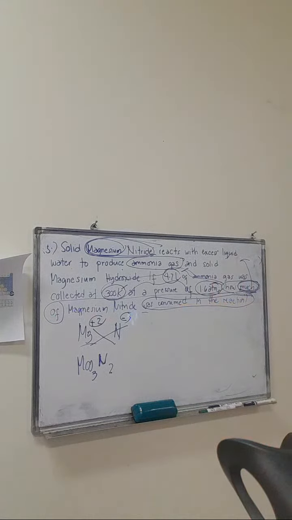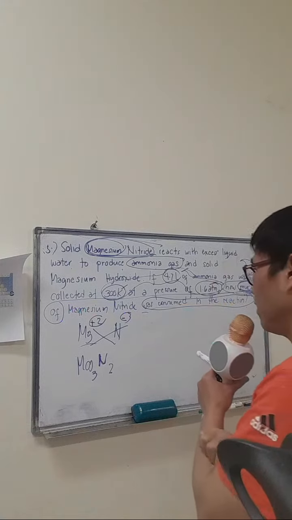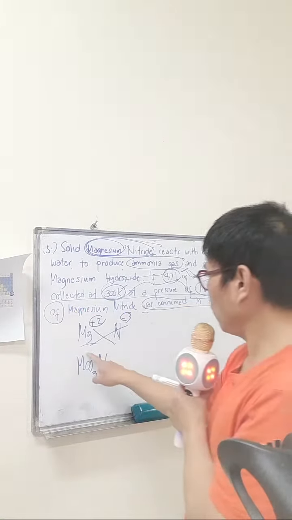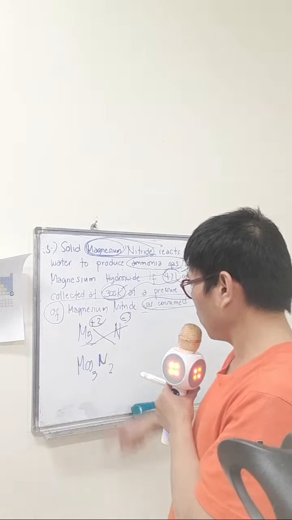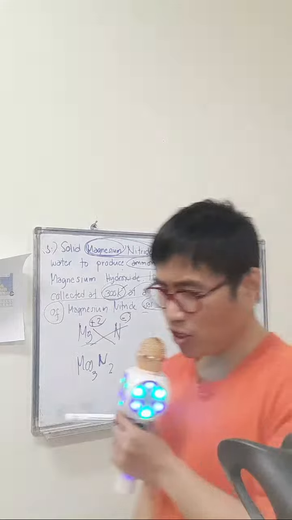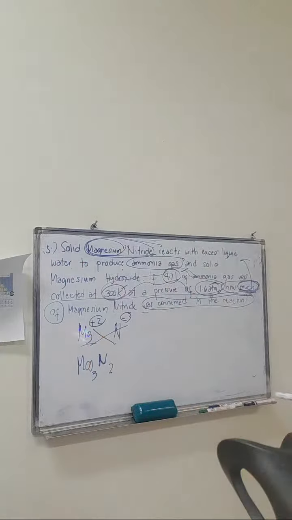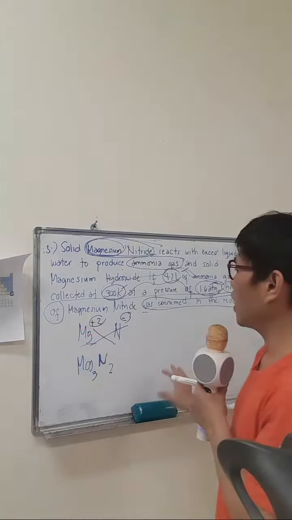Correct me if I'm wrong. This is magnesium nitride, magnesium 2 and nitrogen 3. It's going to be like that. Mg3N2. Correct me if I'm wrong. Let's check.